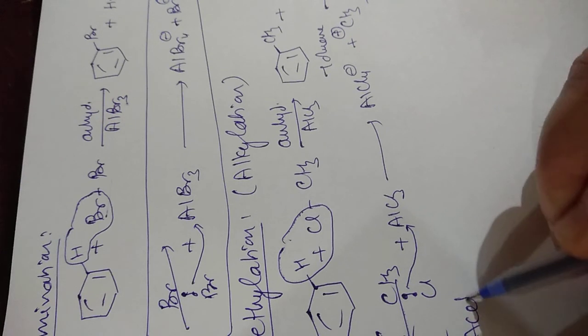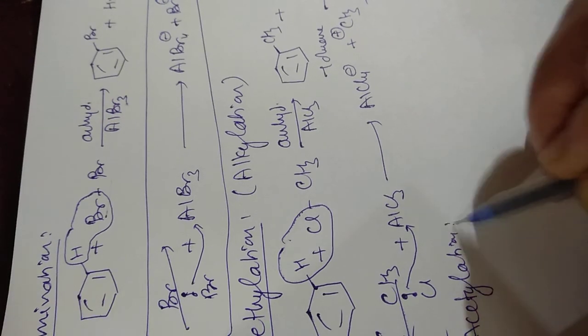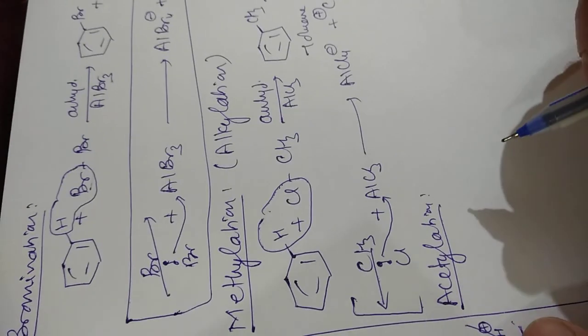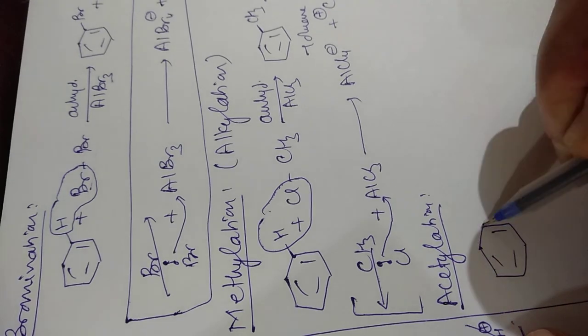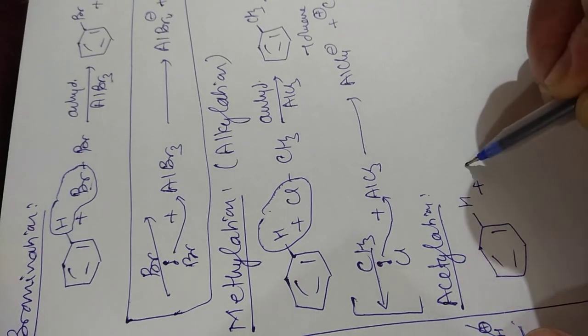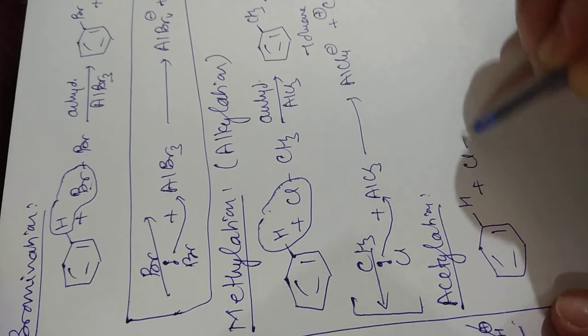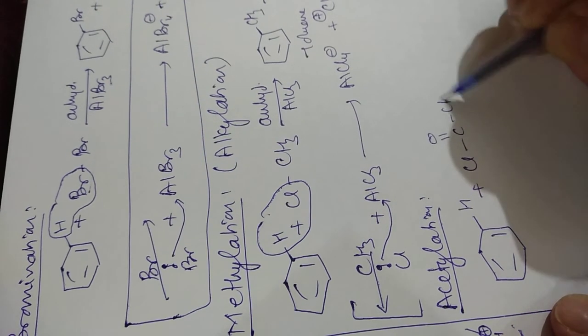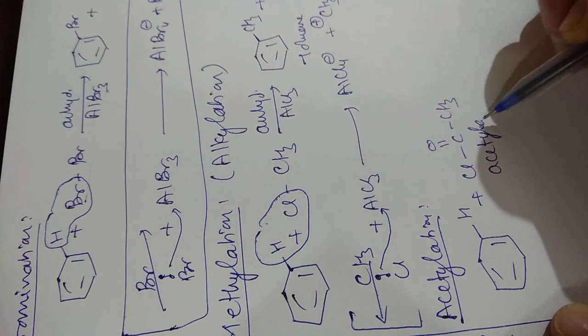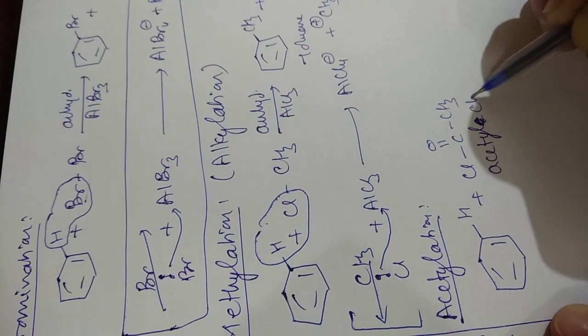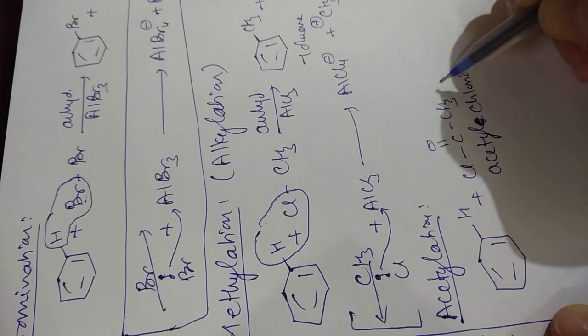One another reaction is acetylation. What happens in acetylation? With benzene, when we take acetyl chloride, this is acetyl chloride in IUPAC nomenclature.